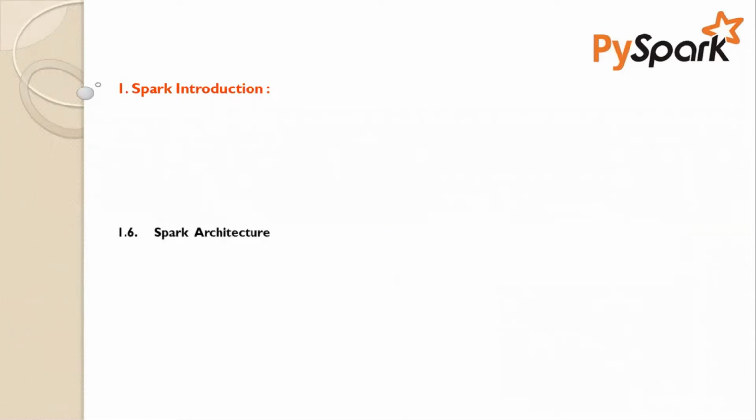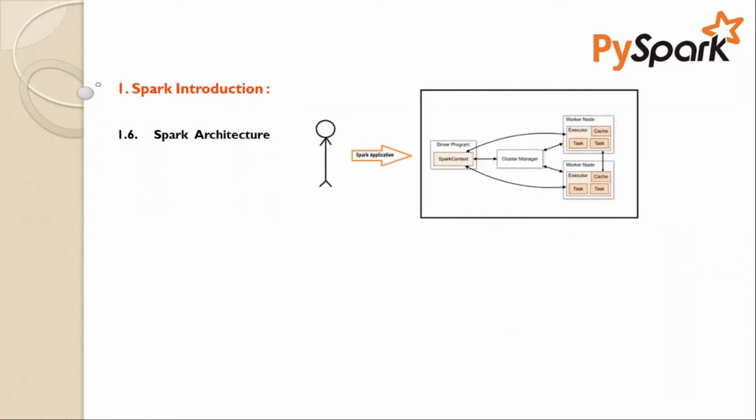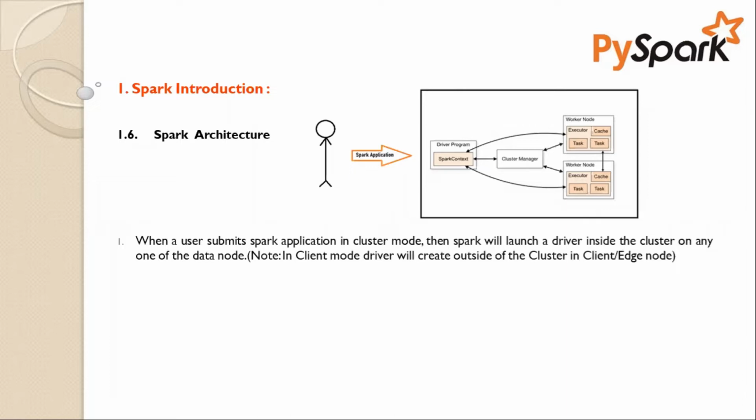Coming to the core concept, Spark architecture. This is the diagram I got from the Spark official documentation. What will happen when we submit a Spark application in cluster mode or client mode? I noted down the points which I summarized in my previous video, and I'm presenting them again.